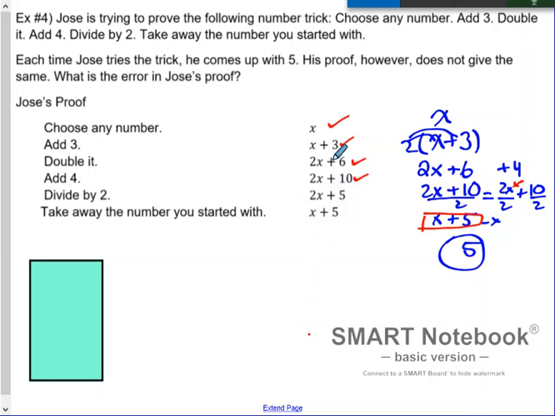So this right here is just a calculation error that Jose made. Everything else was right. He just made a little error in calculation, so he did not end up with 5. He ended up with x plus 5 because he forgot to divide by that 2.